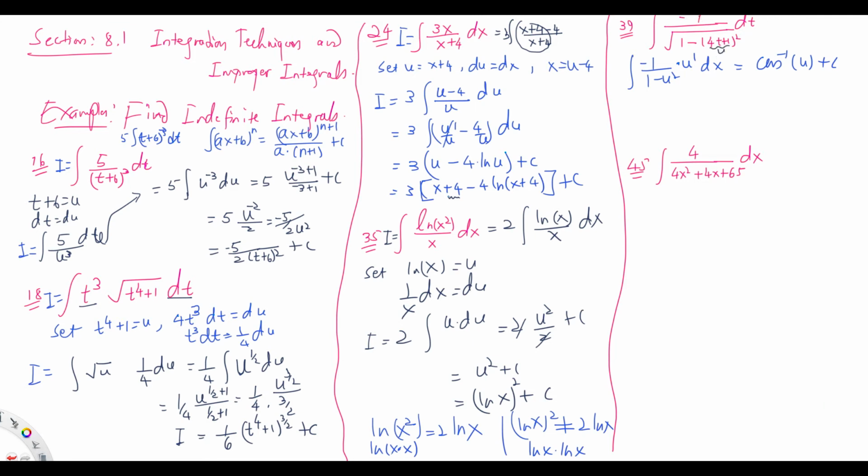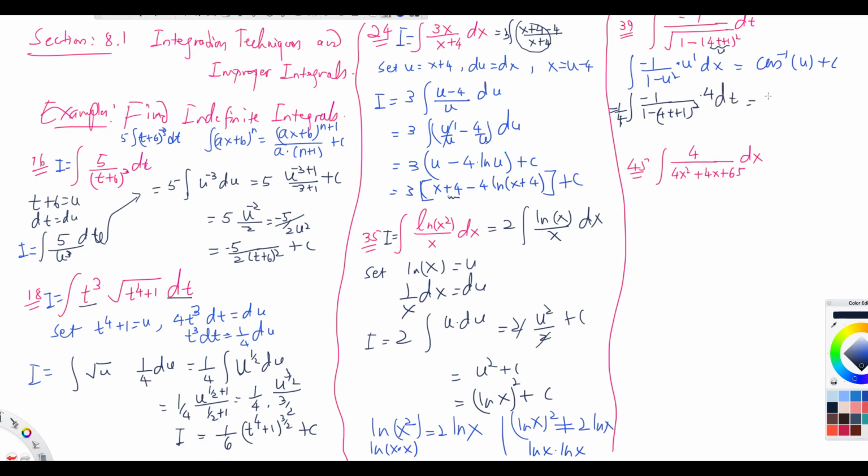So you can write this as the integral of -1 over root of 1 minus (4t plus 1) squared, that is like u squared, times u prime, which is 4, but you cannot just add 4, you need 1/4 there to balance that, because we're writing equals, and then dt.